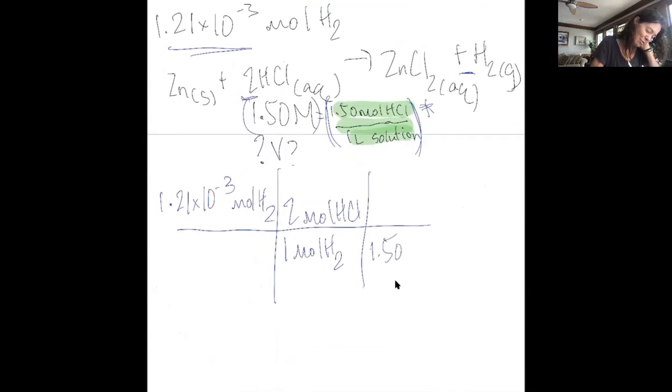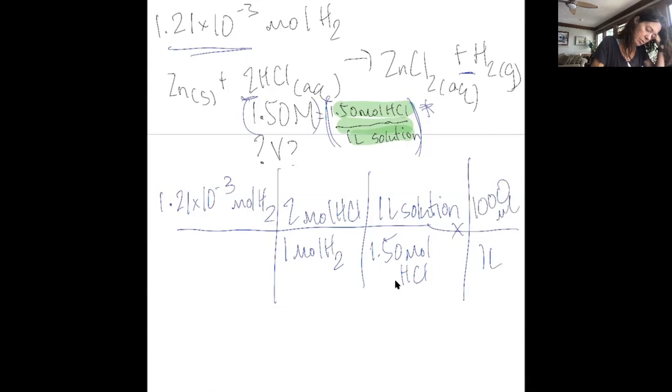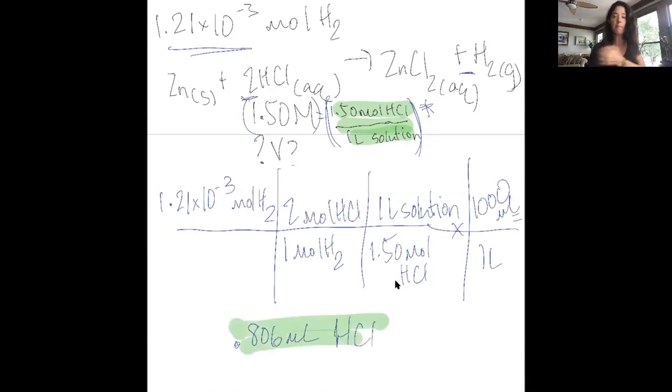Cool, right? 1.50 moles of HCl for every 1 liter of the solution, and the solution is the HCl solution. They did say there's probably going to be a small number, so let's put that in milliliters. So 1.21 with an exponent of negative 3 times 1,000, divided by 1.5, gives me 0.806 milliliters HCl would have reacted.